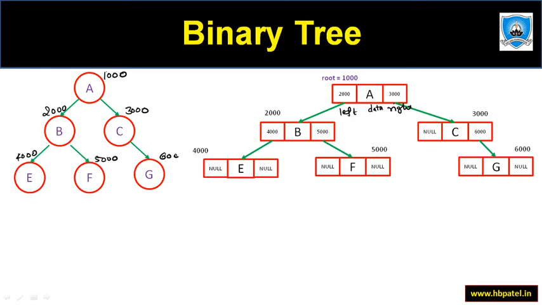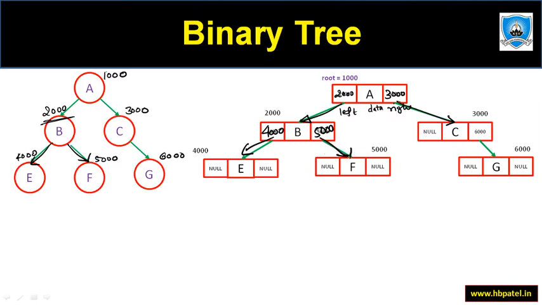All right. So left of 1000 is pointing to 2000, so I'm going to put 2000 over here. That means it is pointing to this. The right of 1000 is pointing to 3000, so I'm going to put 3000 over here. Now the left of 2000 goes to 4000, so I'm going to put 4000 here, and the right of 2000 goes to 5000, so I'm going to put 5000 over here.